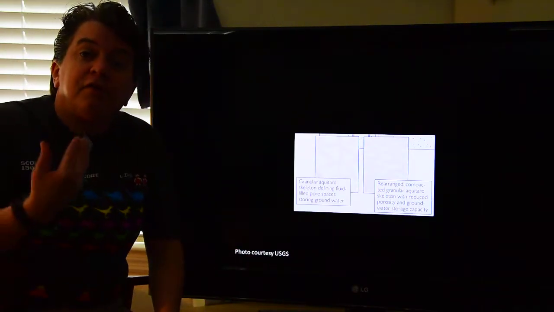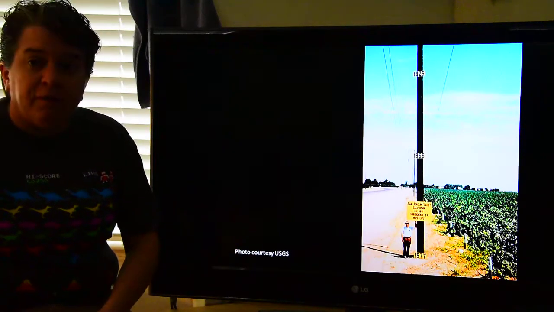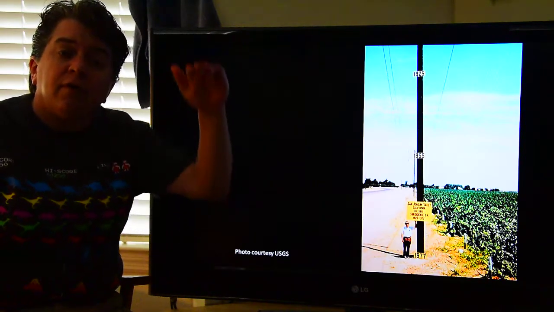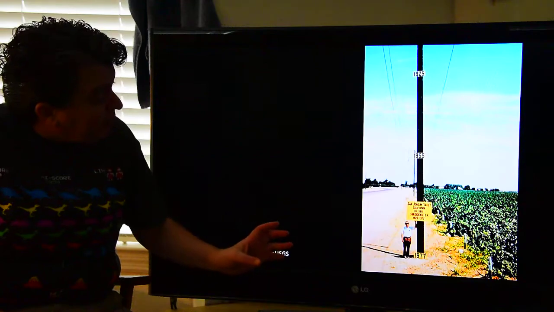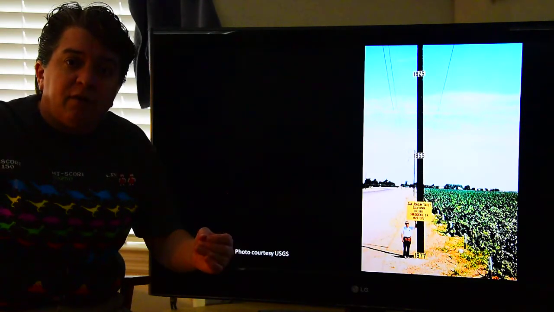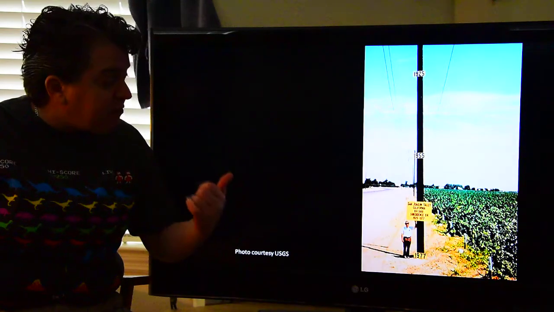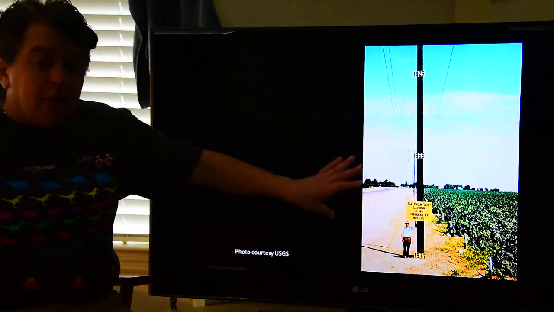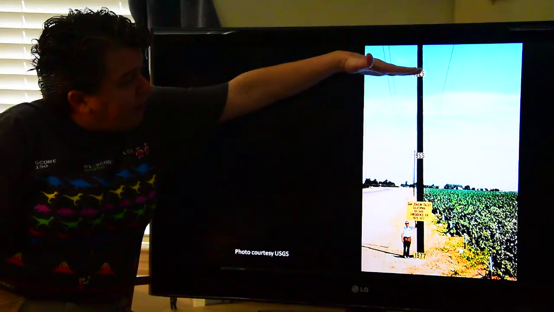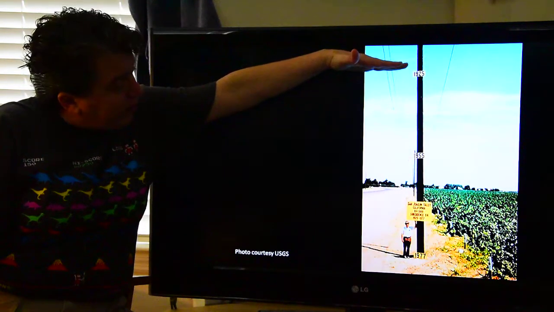You get subsidence at the surface. Subsidence is where the whole surface of the ground lowers in elevation. And one of the best places to see this is in the San Joaquin Valley in California. If you had gone there in 1925, the land would have been all the way up here.